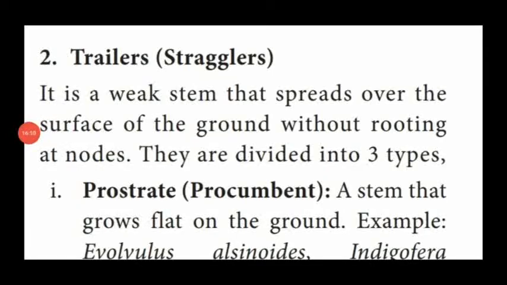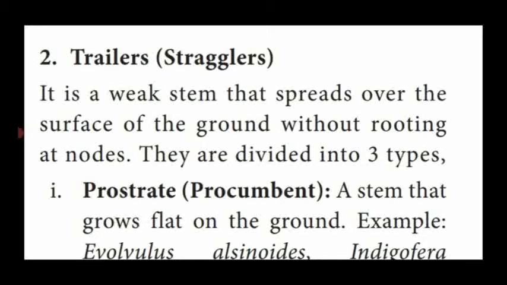Next one, trailer or stragglers. This type of modification is seen in weak-stemmed plants. These stems produce a large number of branches and spread over the surface of the ground without producing roots at the nodal region.